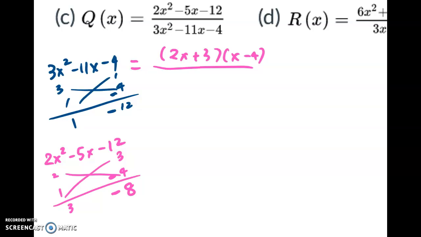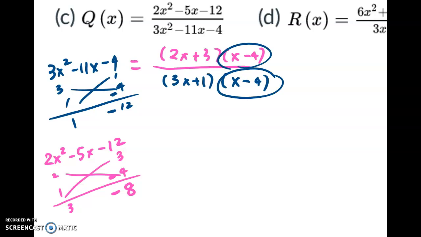That means this 4 is negative. Okay, so I will factor it as 3x plus 1 times x minus 4. So we can see this graph does have a hole in it, right? Because you have a common factor in the numerator and in the denominator at x equals 4.